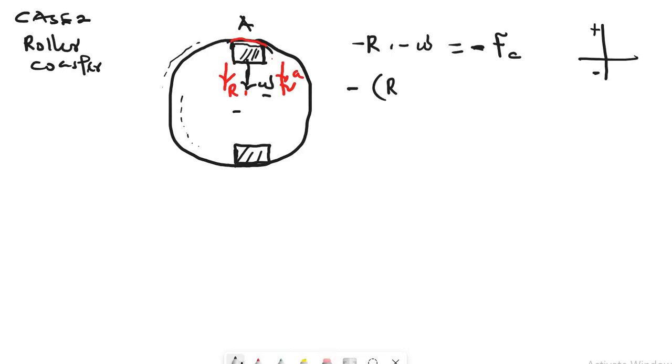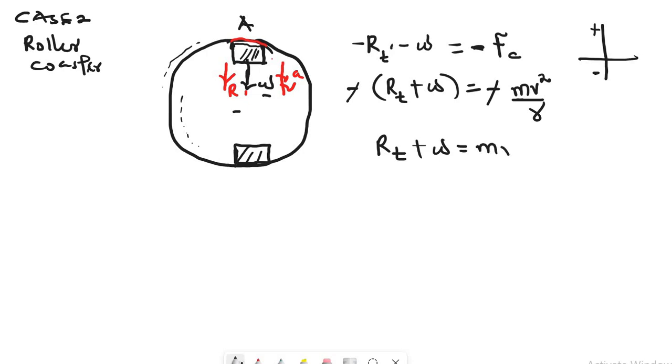So the normal reaction at the top, let me use T. When you factorize, we have minus centripetal force, which you all know is mv squared over R. Minus cancels minus. So at the end of the day, the normal reaction at the top plus weight equals mv squared over R. The question might ask you to find the reaction force at the top.